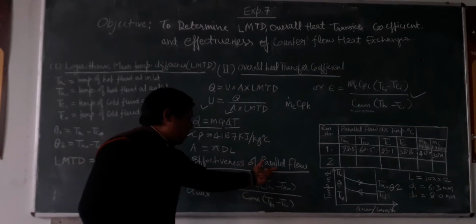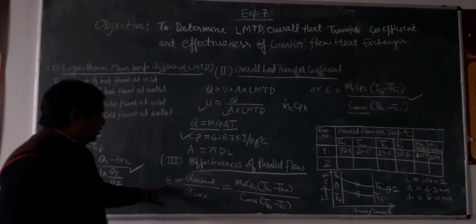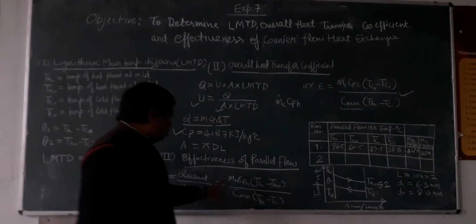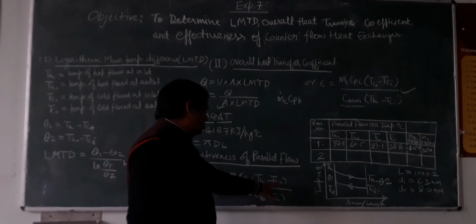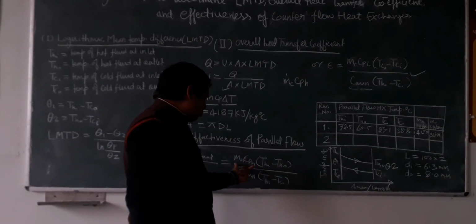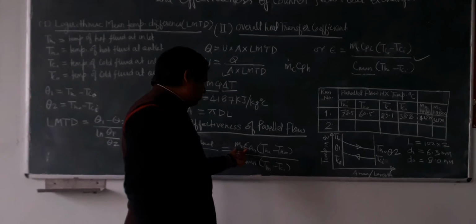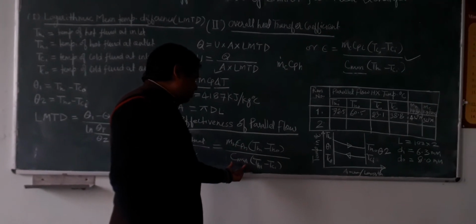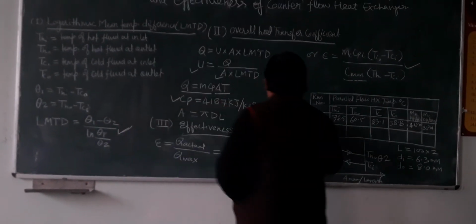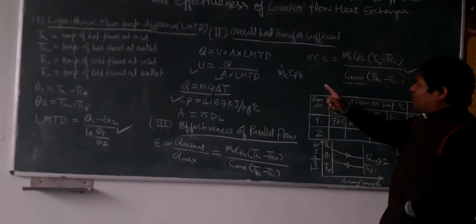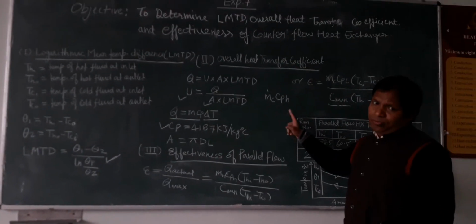Now the effectiveness of the counter flow. How will you calculate it? Q actual upon Q max. Q actual is THI minus TH naught into m dot Cph, over C minimum. You will calculate the capacity rate of hot fluid and cold fluid both.